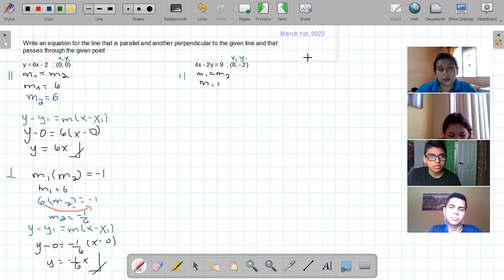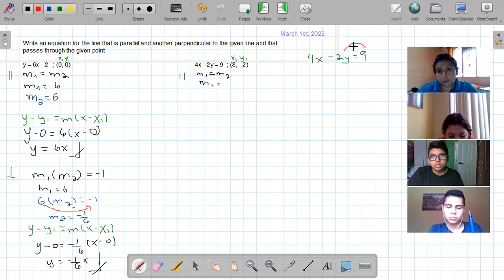I'm going to rewrite it over here in green. 4x, because this is in standard form, minus 2y is equal to 9. That is my equation. So let's find the slope. Let's write it in slope-intercept form. Let's make it easier and make the y positive because the y is negative. So let's pass this one to this side.